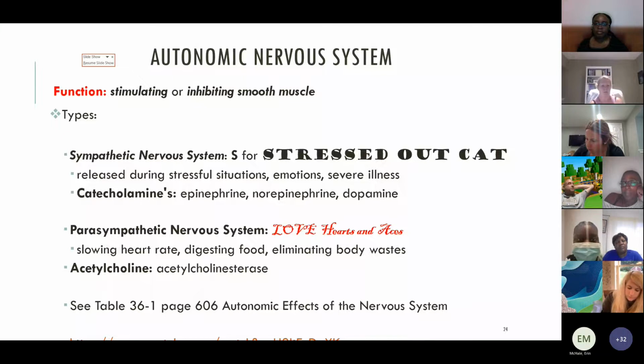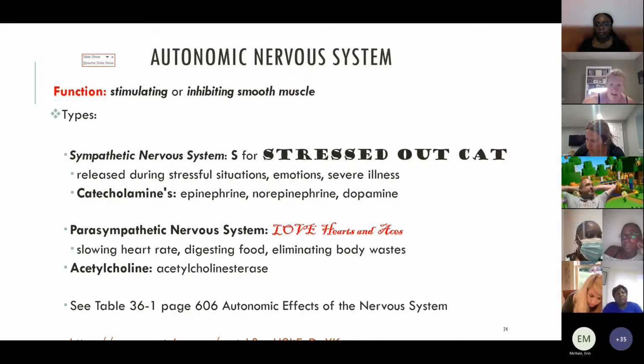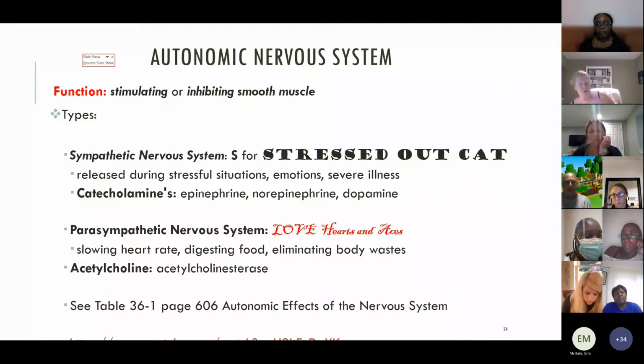The neurotransmitters of our sympathetic nervous system, we call catecholamines, and those are our epinephrine, our norepinephrine, and our dopamine. So these are our fight or flight. Anytime we're in a stressful situation, any type of intense emotion, or any type of severe illness in our body is going to release these catecholamines.